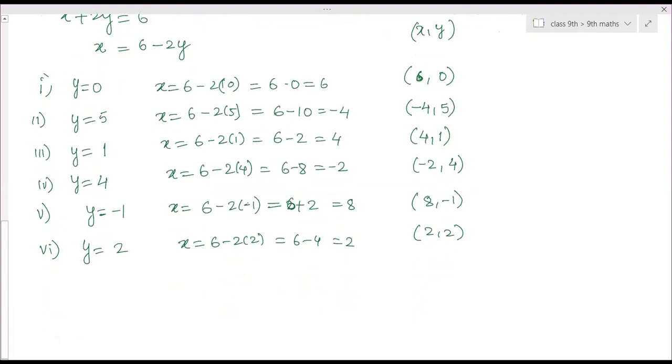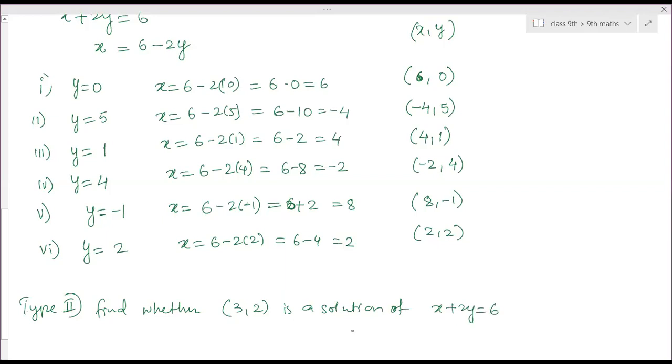The second type of question, type 2. Find whether 3 comma 2 is a solution of the equation we have taken, x plus 2y is equal to 6. We have to check it.